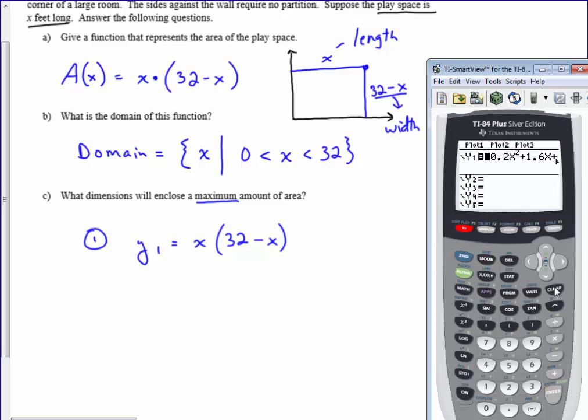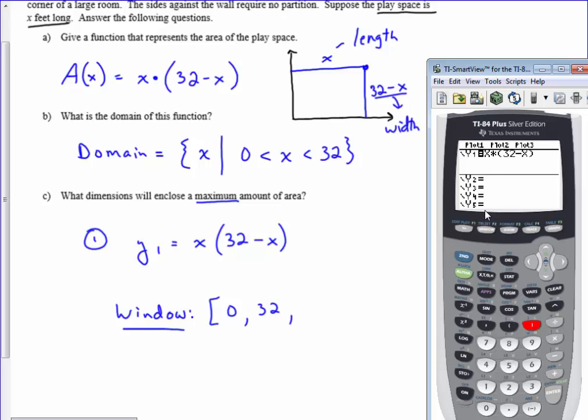If you have a function in there, clear that function out, and then we can enter x times (32 minus x), close parentheses. For graphing, we want to think about what the window would need to be. We already have one part of our window: in part B, we were asked to determine the domain. So for the domain, the x minimum would be 0 and the x maximum would be 32.